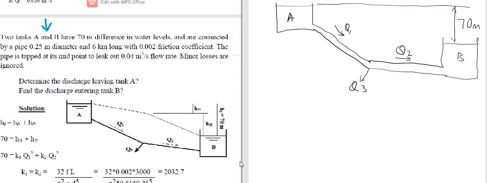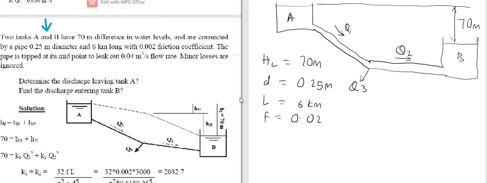So now let us first state some parameters. Two tanks A and B have a 70 meter difference. HL is 70 meters. The diameter of the pipe D is 0.25 meters and the total length of the pipe L is 6 kilometers, and the friction constant is 0.002.